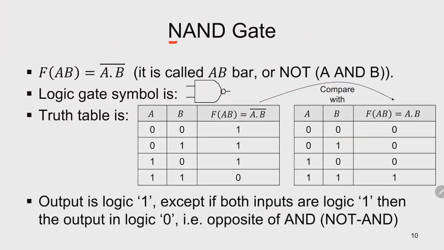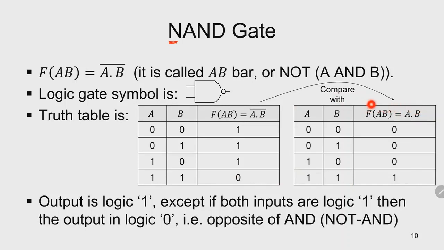So here we have an AND gate with a bubble in the front that makes it not AND, or we call it a NAND gate. So this is the truth table of our AND gate, which you just saw.